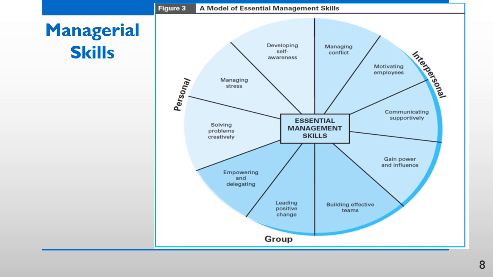So, under this model of essential management skills, we are dividing it into three categories. One is personal, interpersonal, and the other one is group. The personal management skills are the skills which are very important and useful to develop our own self.